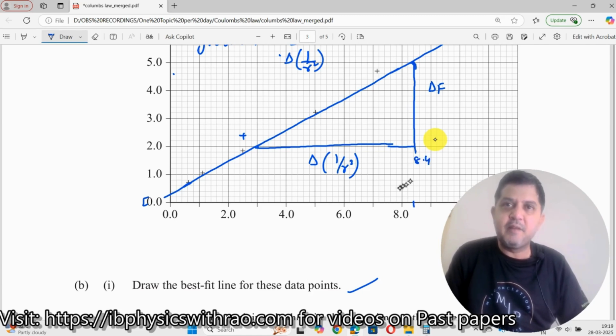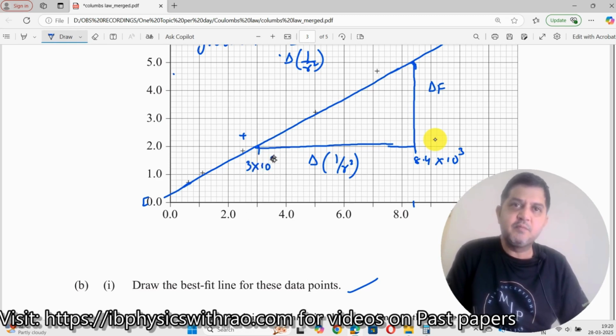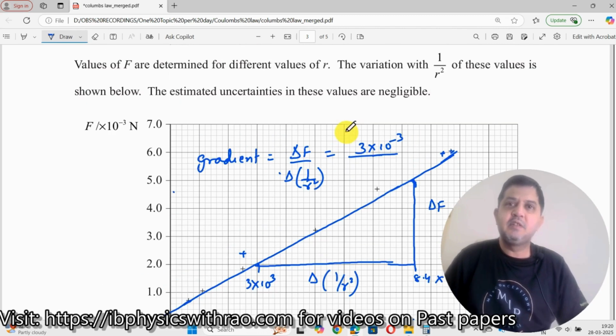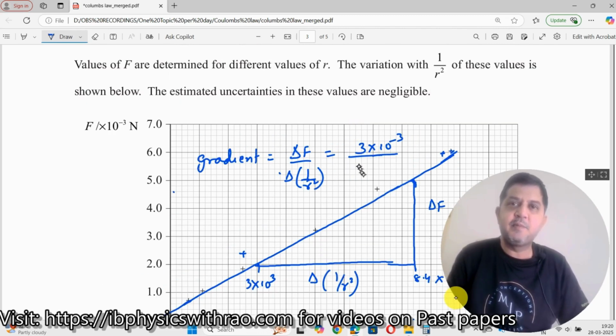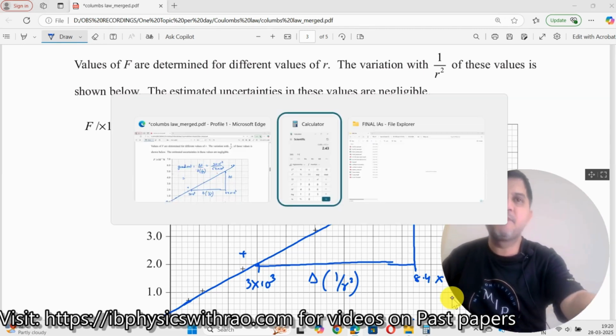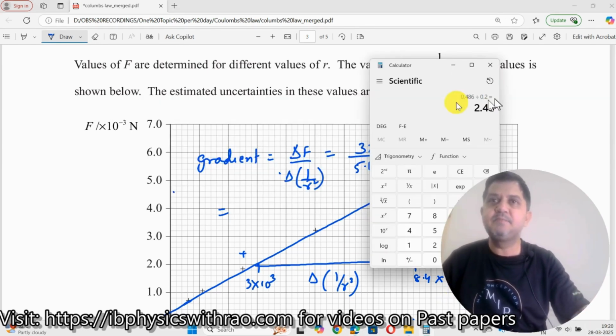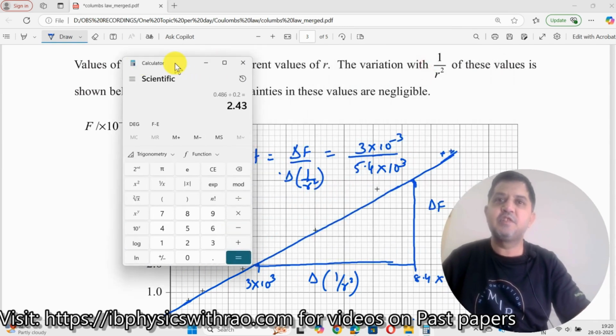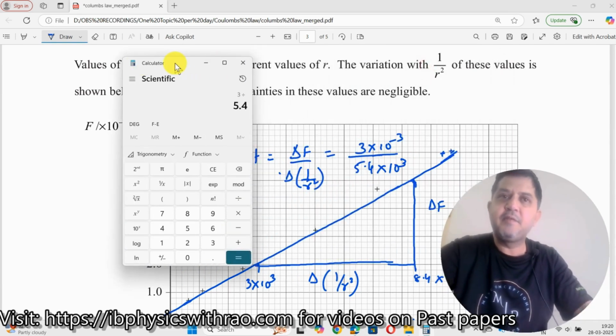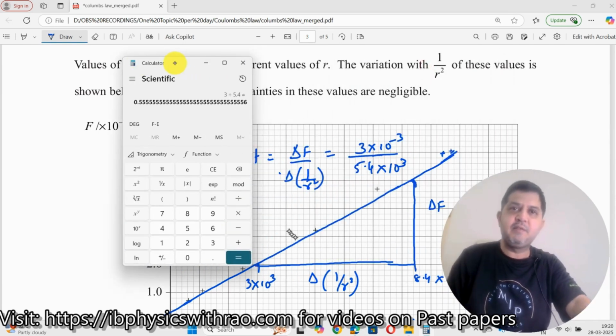This value is 8.4 into 10 cube, and this value is 3 into 10 cube. Now let us write down, 8.4 minus 3 should be 5.4 into 10 cube. Right. So this should now be equal to, let me use my calculator, 3 divided by 5.4, which is 0.55.